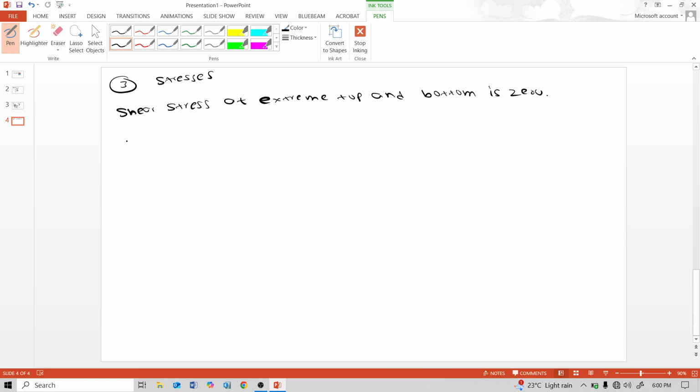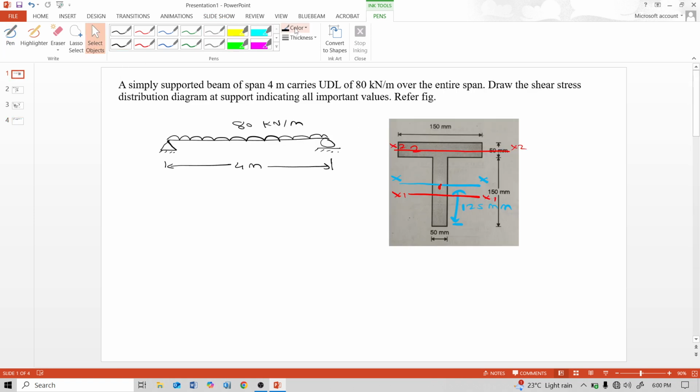Now calculate shear stress at the junction. Junction, that means at this point, at this portion.